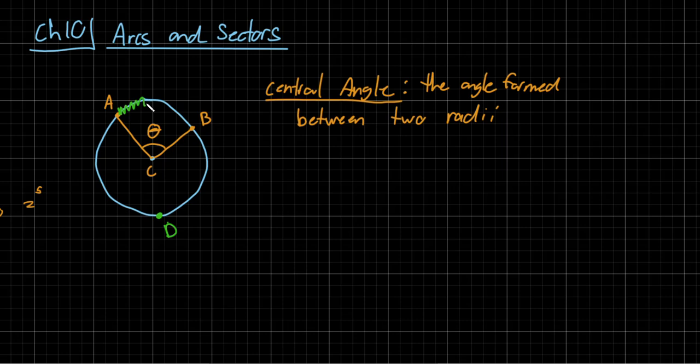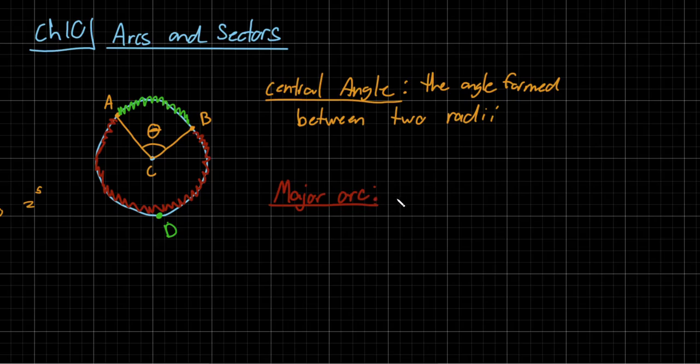This arc right here, or this arc over here? This one? Bigger? Yep, I'm going to call that a major arc, because it's bigger than the other one. So a major arc.